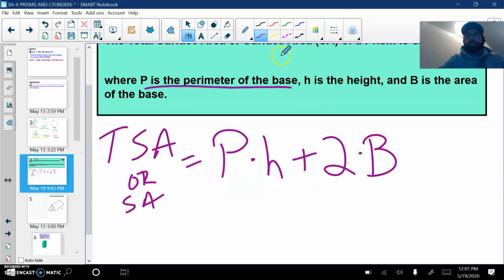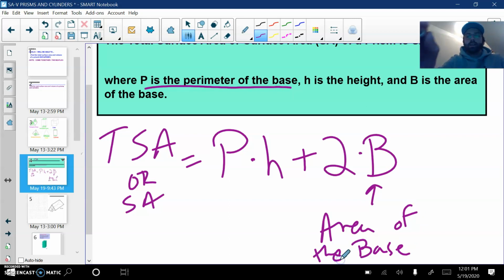Very important that you understand this capital B is the area of the base, because there will be lowercase b's, and that's kind of confusing. And this is the perimeter of the actual base. And this is just the height of the shape.